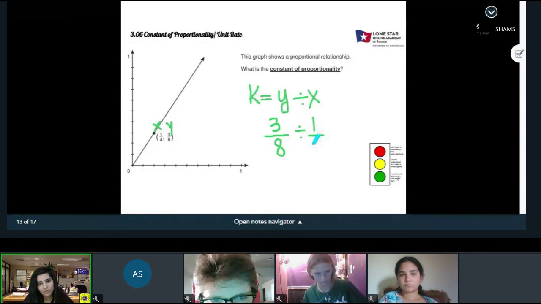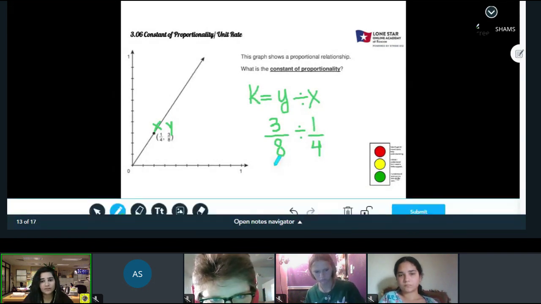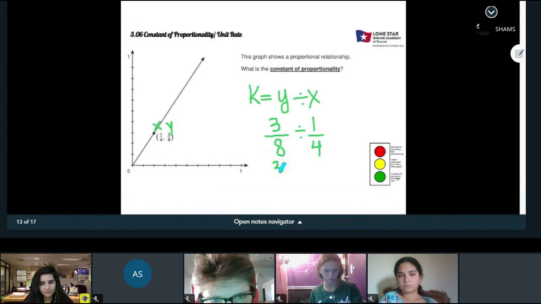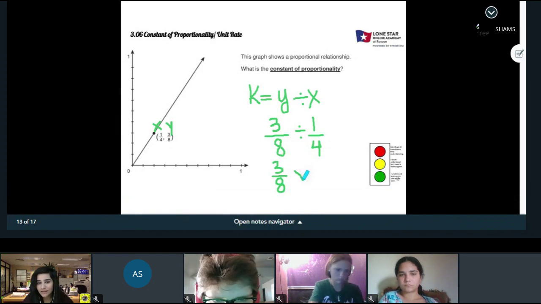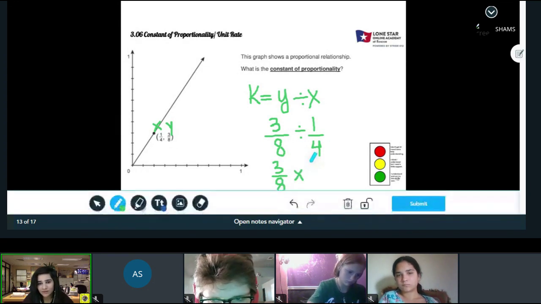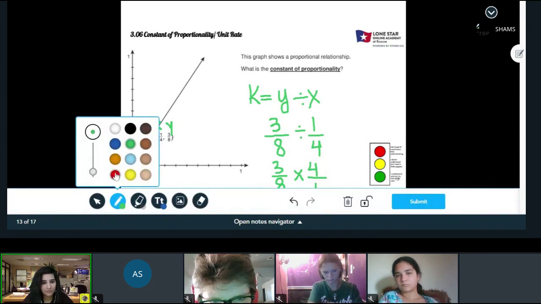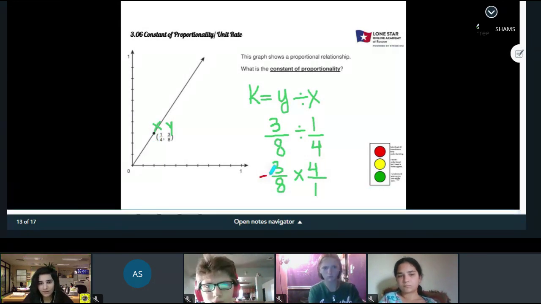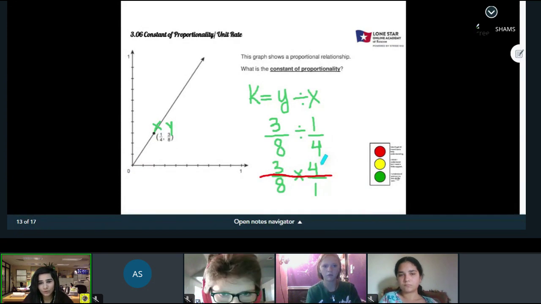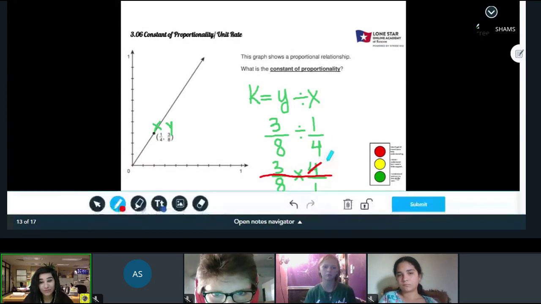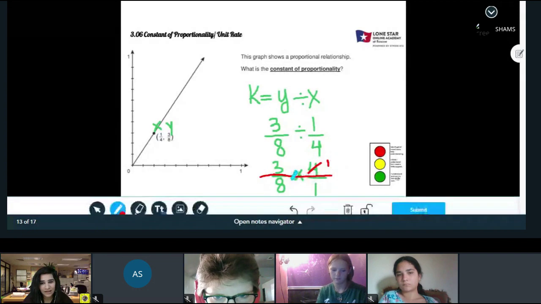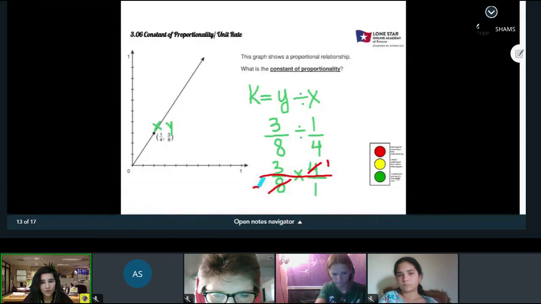I will use keep, change, flip. I keep the first fraction, change the division sign to multiplication, and flip the second fraction, and I can simplify, right? The 4 becomes 1 and the 8 becomes 2.